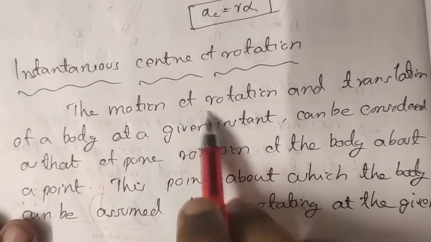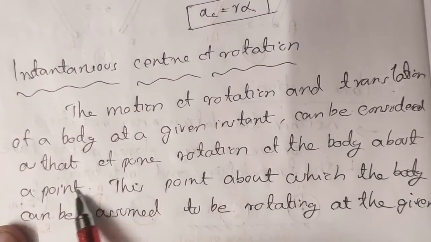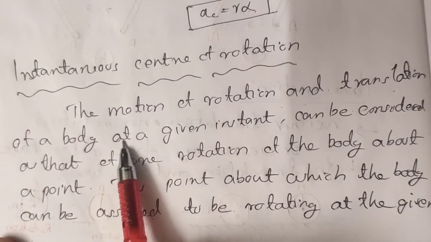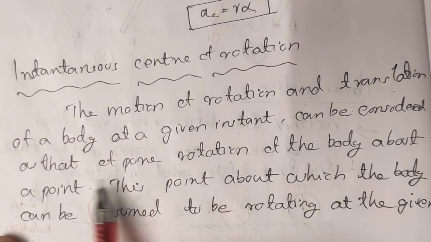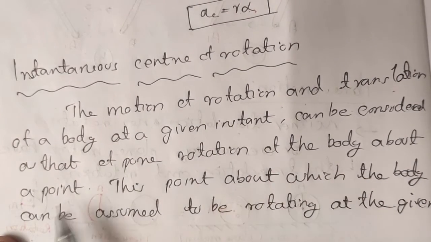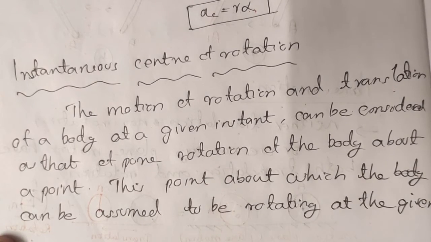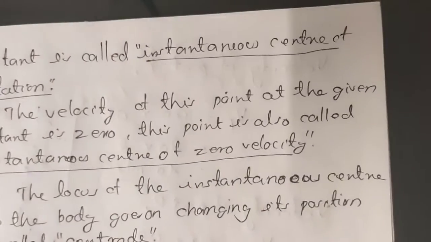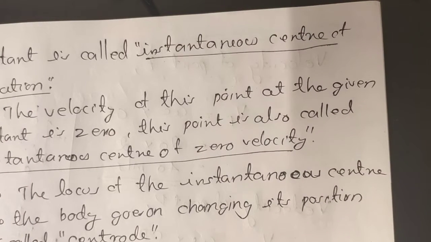The motion of translation and rotation both, of a body at a given instant, can be considered as pure rotation of the body about a point. This point about which the body can be assumed to be rotating at the given instant is called instantaneous center of rotation.